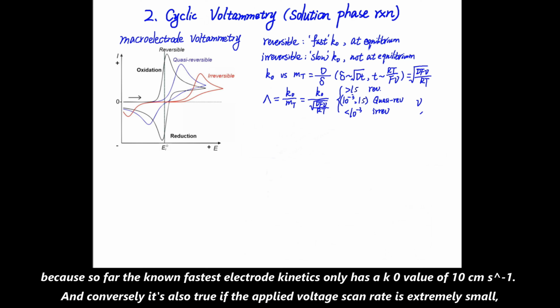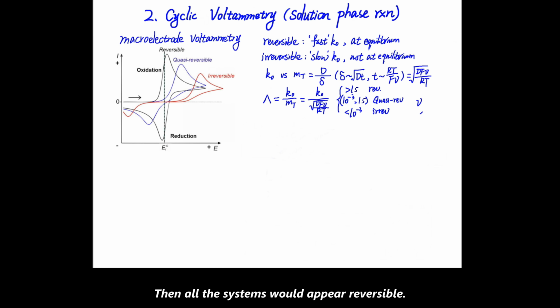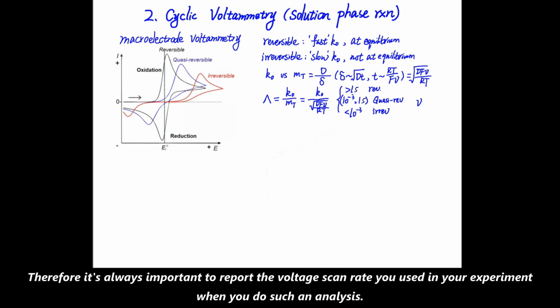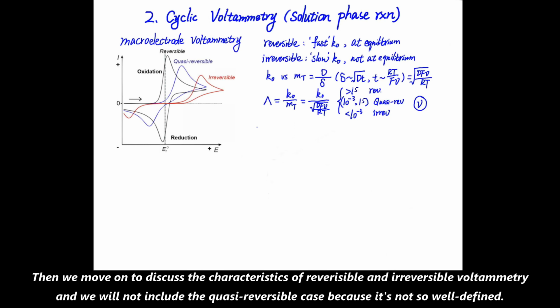Conversely, if the applied voltage scan rate is extremely small, then all these systems would appear reversible. Therefore, it's always important to report the voltage scan rate you used in your experiment when you do such an analysis.